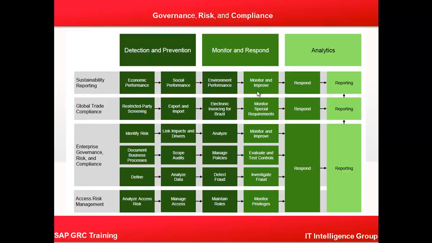Monitor and respond. Once it is identified, we need to keep monitoring it. That is, once the risks are eliminated and it has become clean, then we need to keep monitoring to ensure that it remains clean. If there is any risk encountered during the monitoring cycle, we need to respond and fix it.